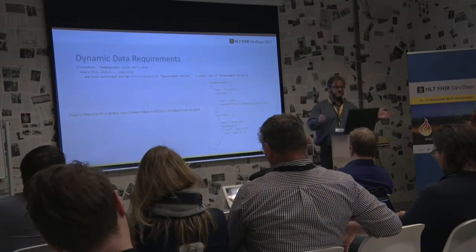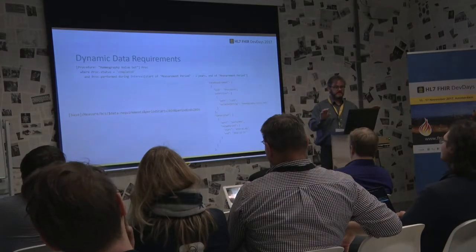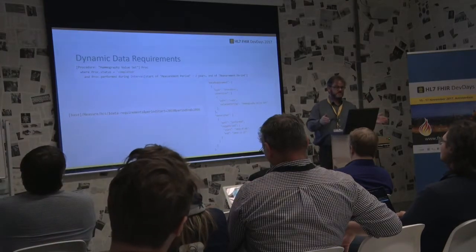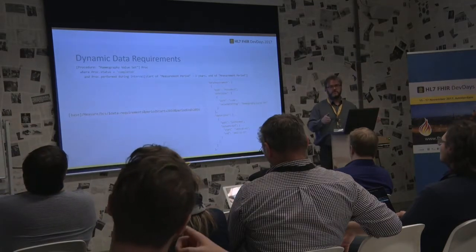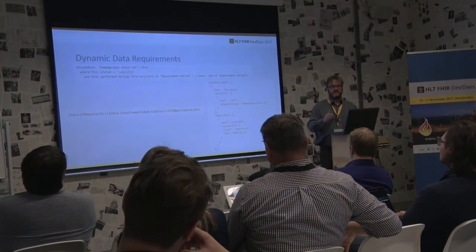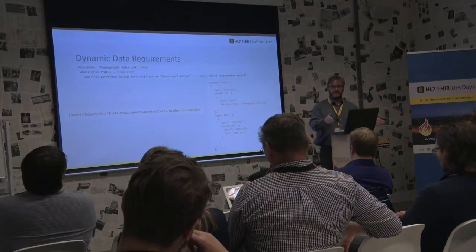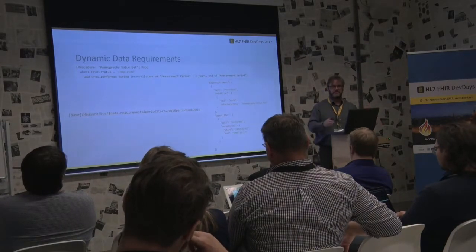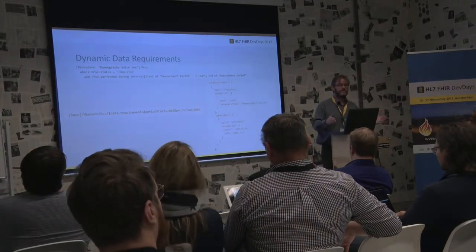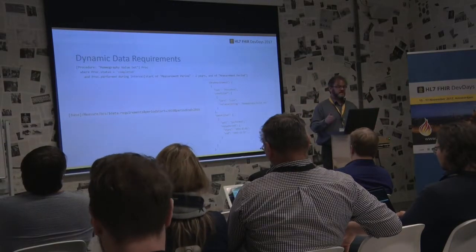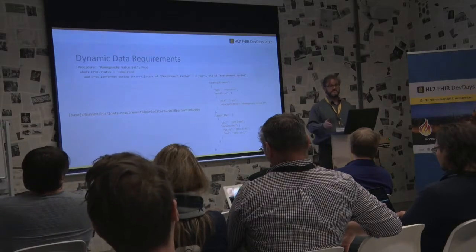So I need procedures in this particular value set within a particular date range. That date range depends on when I run the measure. And so I can't know ahead of time what that date range is. I have to determine it based on the actual values I'm going to use when I run the measure. And so there's this data requirements operation that actually lets me do that.